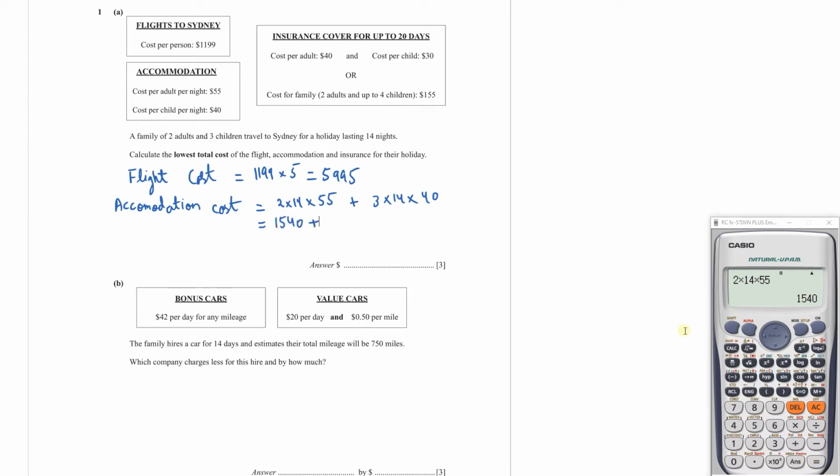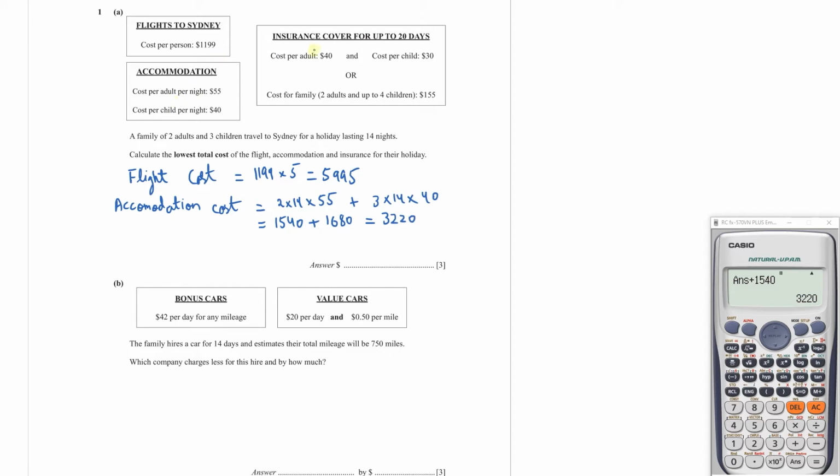Plus the other one will be 3 into 14 into 40. So this is 1680, and then you add the two and you will get 3220.